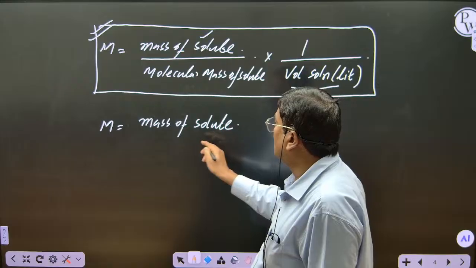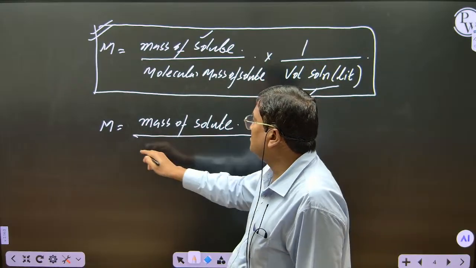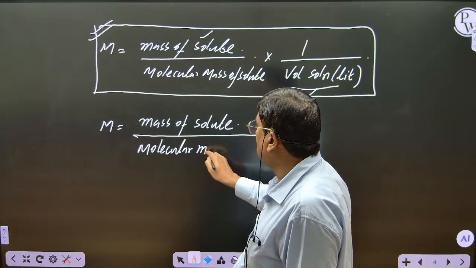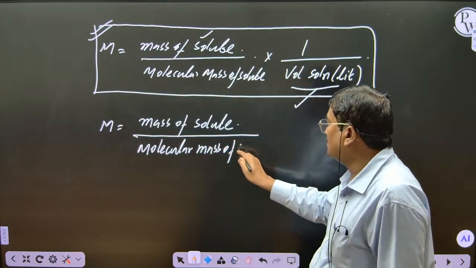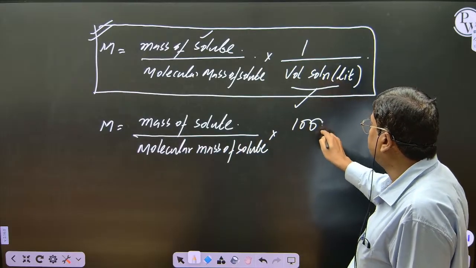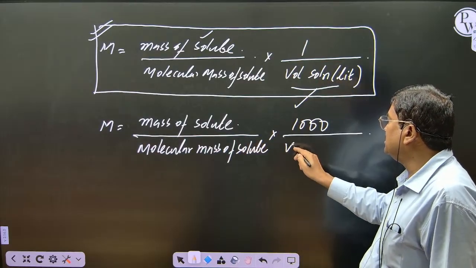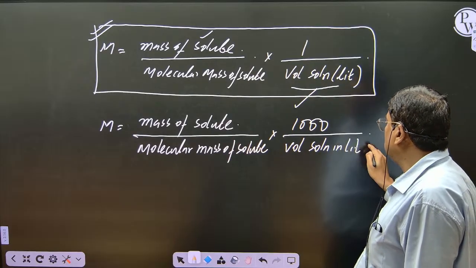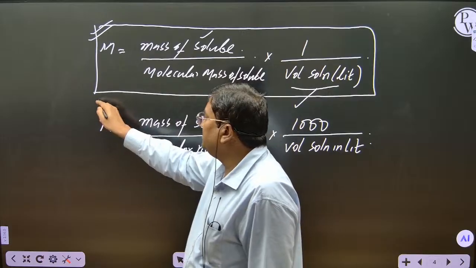Then you have to take the relation: molarity is equal to mass of solute upon molar mass of solute, that is molecular mass of solute, into 1000 upon volume of solution in milliliter. This is the relation. When do we take this relation?